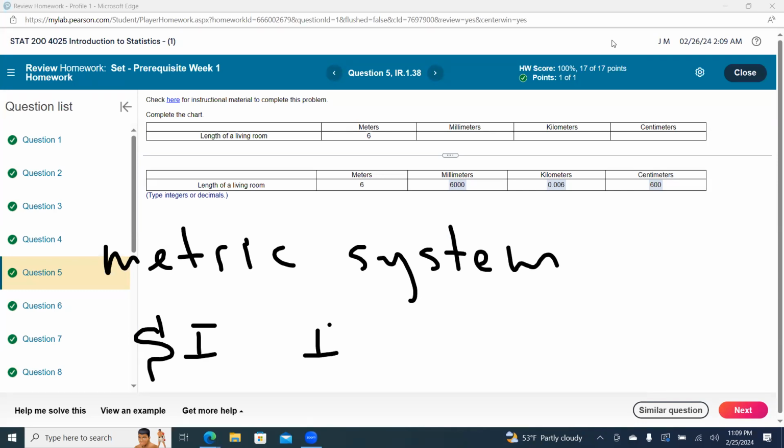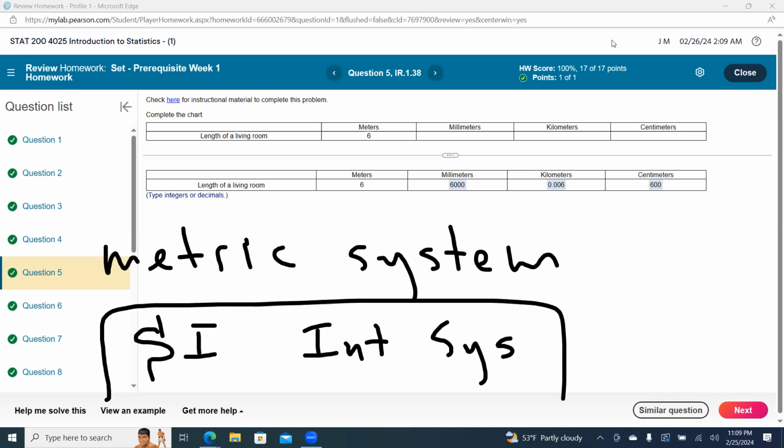It is the international system, which is used universally, and mainly in physics. Math, physics, and chemistry use SI units, but chemistry can use something a little bit different than physics. When I think SI, I think physics. When I think physics, I think SI. It is the international system.